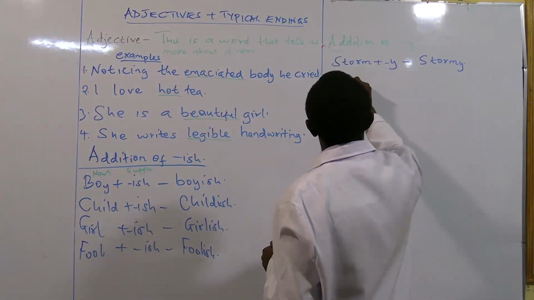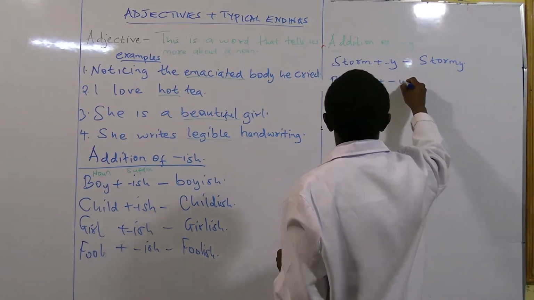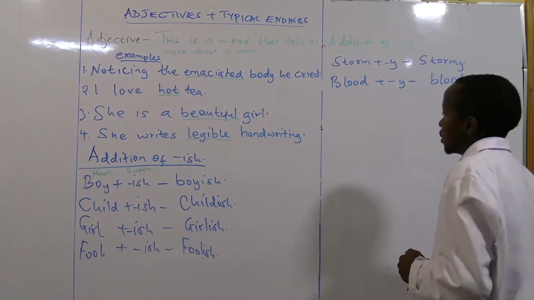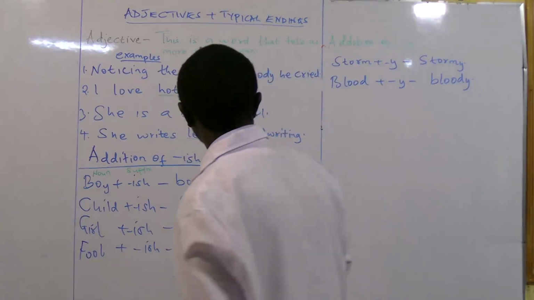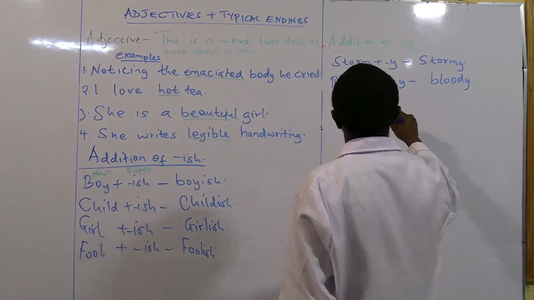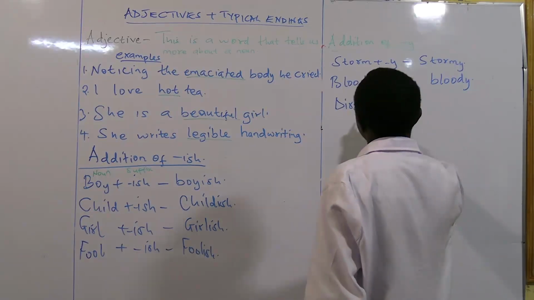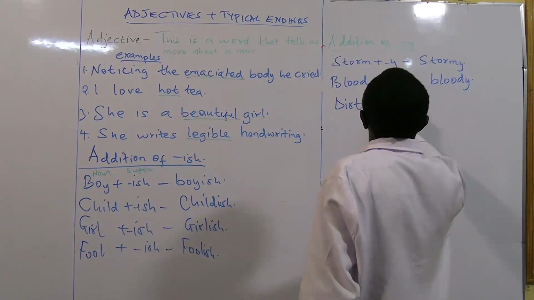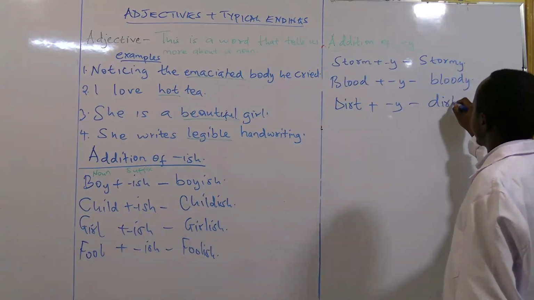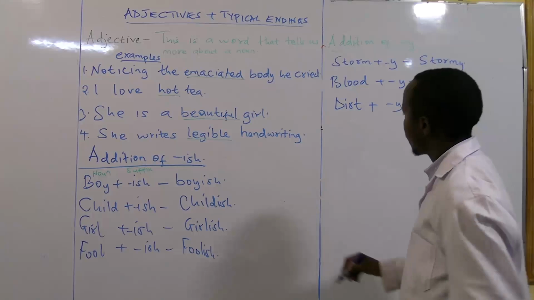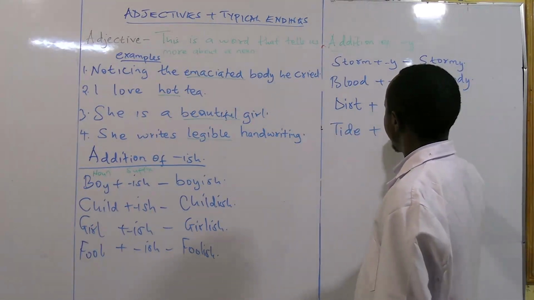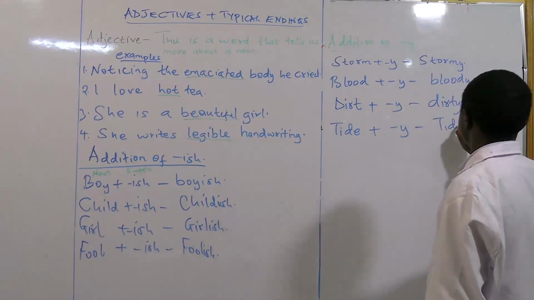Blood plus ye becomes bloody. We have dirt plus ye becomes dirty. We can have tide plus ye becomes tidy.